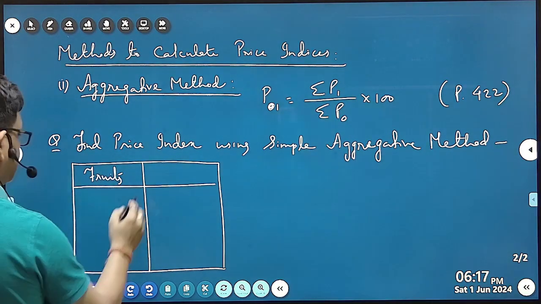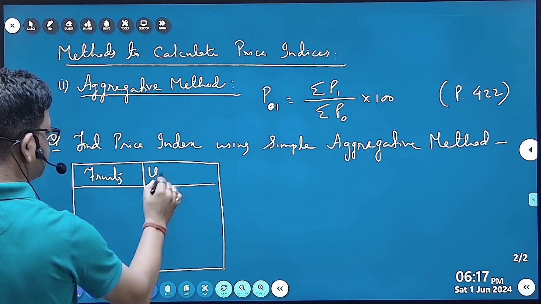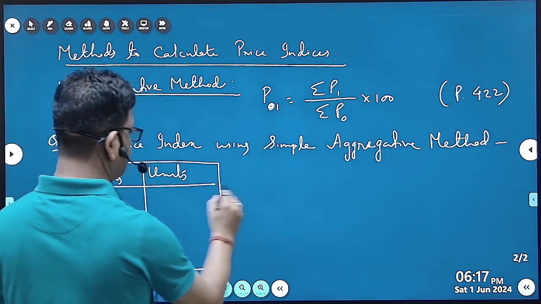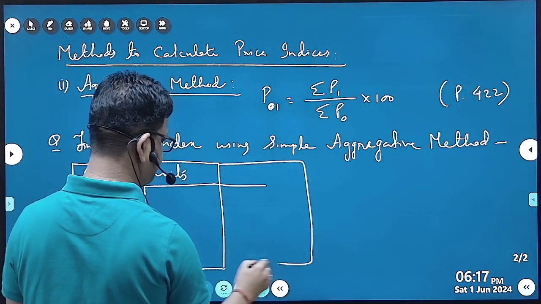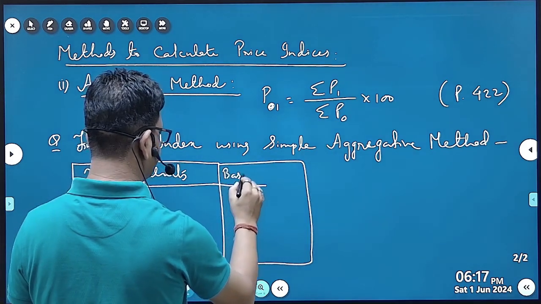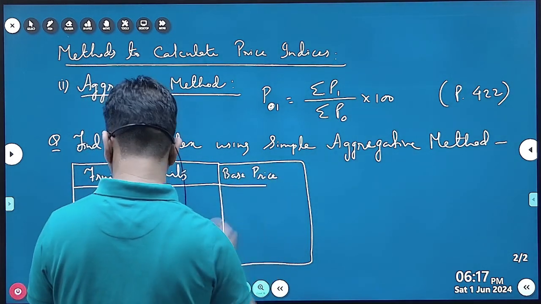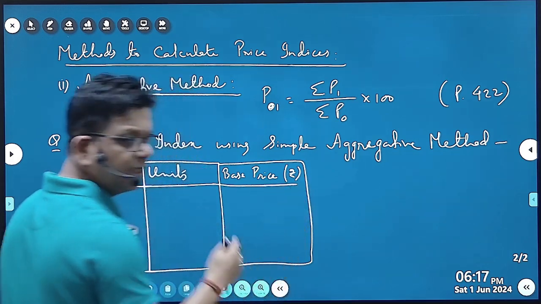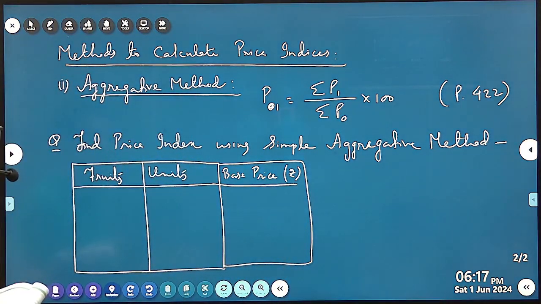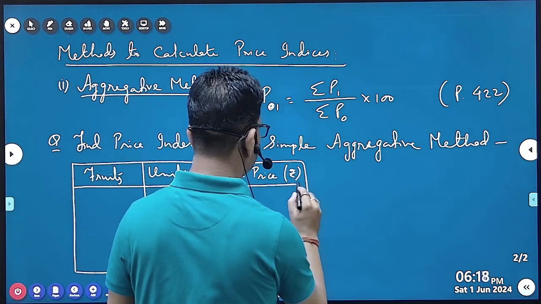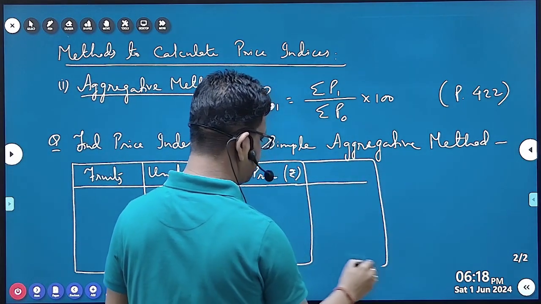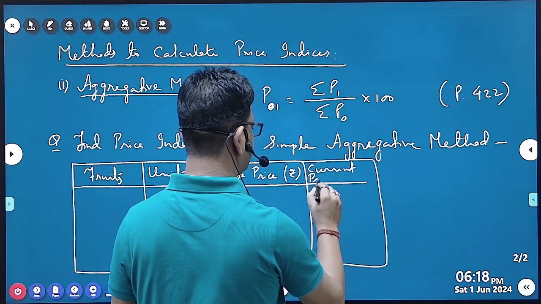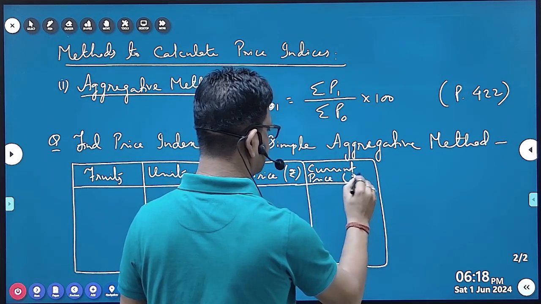These are their units, in what units they are measured. And this is the base price, P naught, base price in rupees. Base price means in a particular year. I didn't mention the year, so I wrote base price in rupees. And suppose this is the current price, also in rupees.